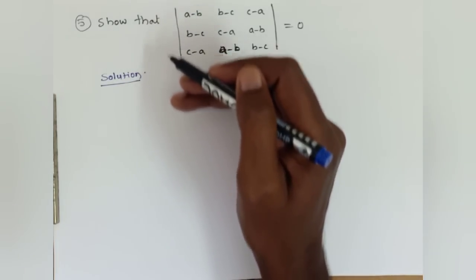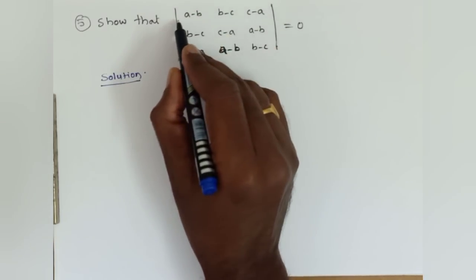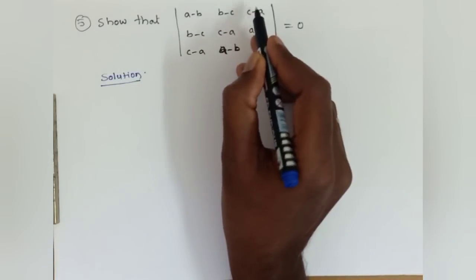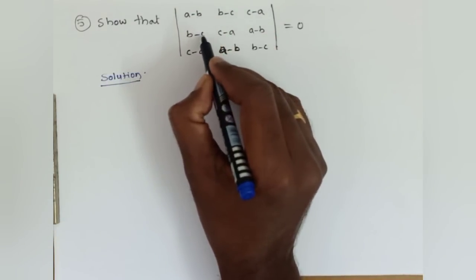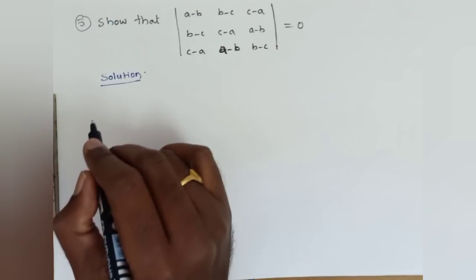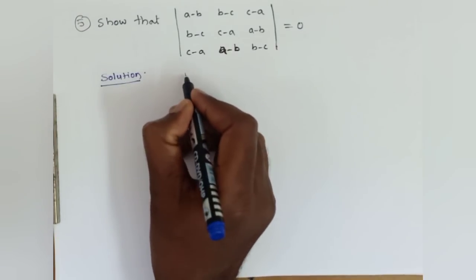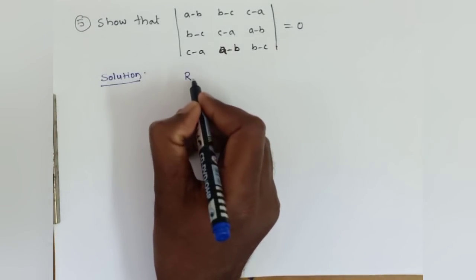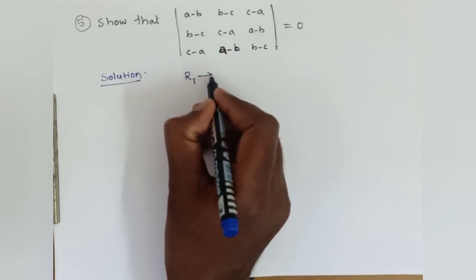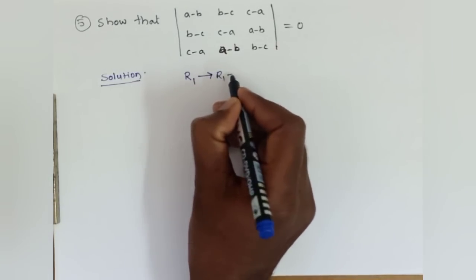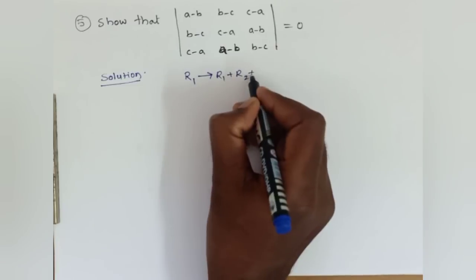If we add all these elements, here I am changing R1 as R1 plus R2 plus R3. I am applying an operation, R1 becomes R1 plus R2 plus R3.